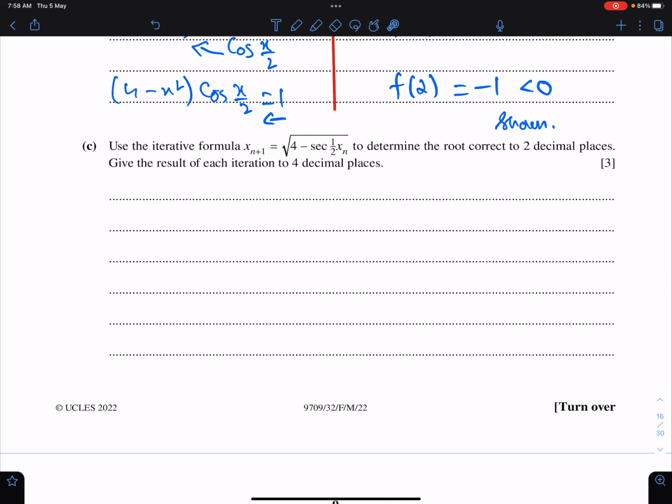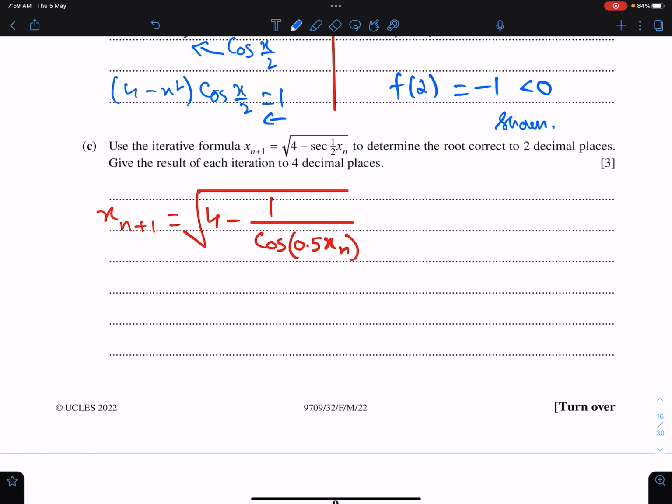Now we have to use this iterative formula to determine the root up to 2 decimal places. Number one, we have to write the formula in terms of cos. So it should be 4 minus 1 upon cos 0.5x n. Now substitute this formula into calculator.